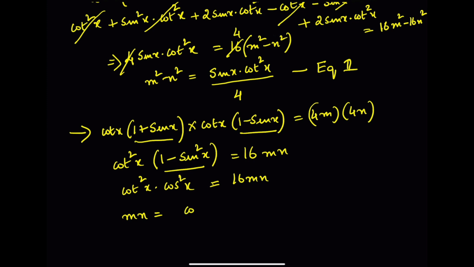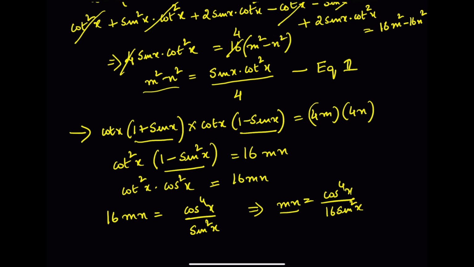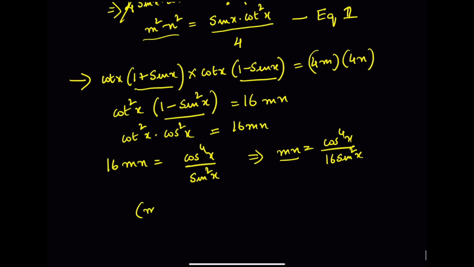We will have cos to the power of 4 x by sin square x. Sorry, 16 mn is equal to that. So mn is equal to cos to the power of 4 x by 16 times sin square x.